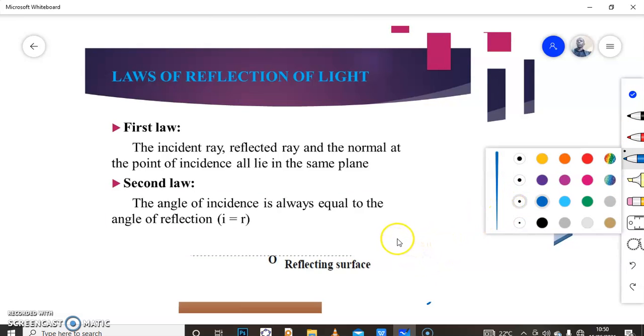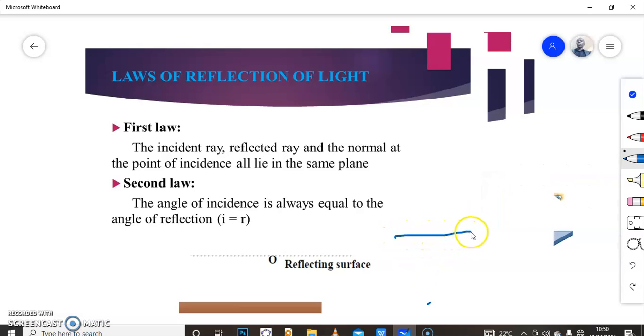If you have your reflecting surface, the plane surface, and then the incident ray, the reflected ray, and the normal at the point of incidence, this is the point of incidence where all the three lie in the same plane.